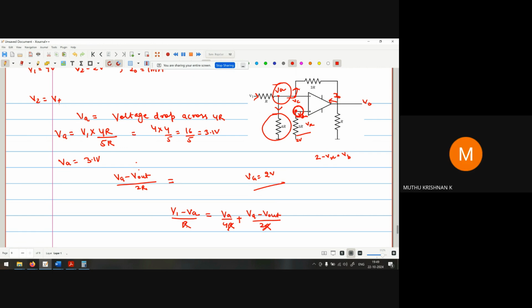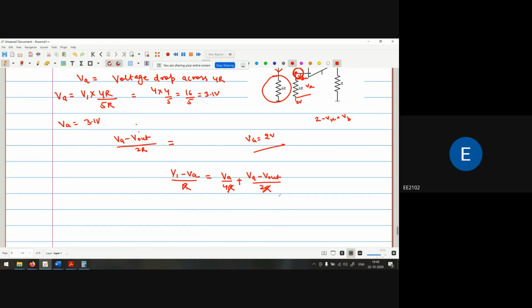So 4 minus 2 is equal to 2 upon 4 plus 2 minus V out by 2.